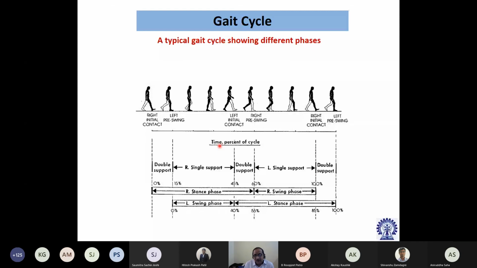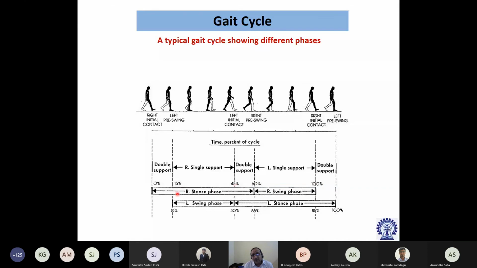I will have a look, but see, if you look at the left leg, the left single support here is marked as 55 to 85%. That means 30%. Okay. Similarly, if you look at the right single support, it is marked 15% to 45%. That is again 30%.